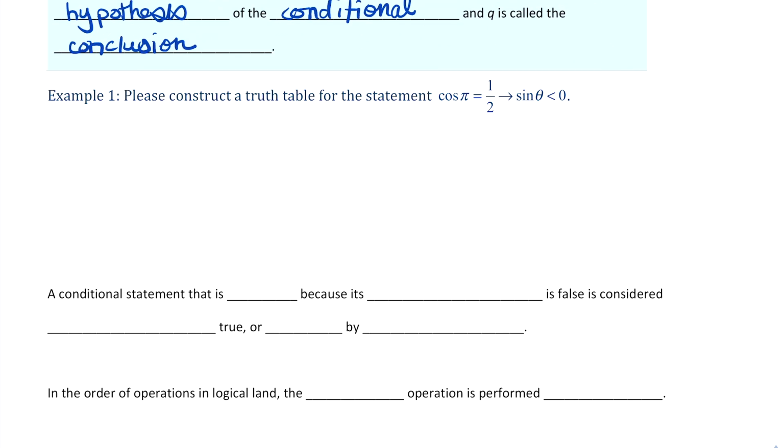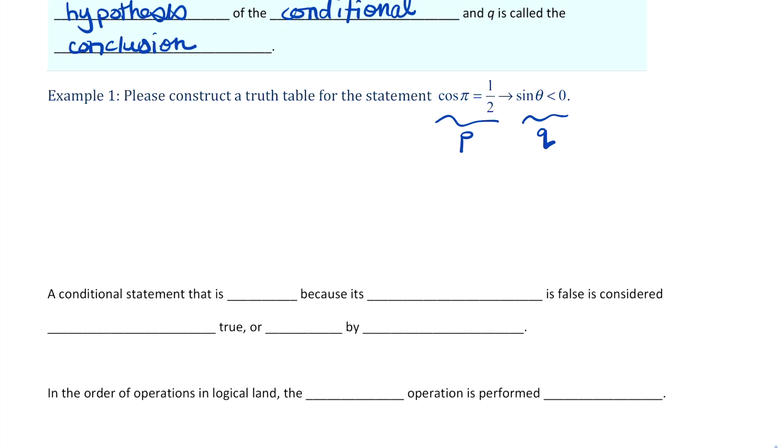Heck no, it is never true, right? So this statement here is always going to be false, the first part. So if this is our P and this is our Q, P is always false. So Q could be false or it could be true.